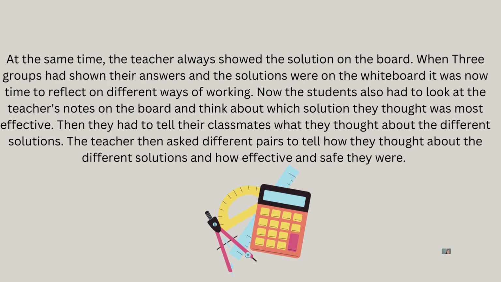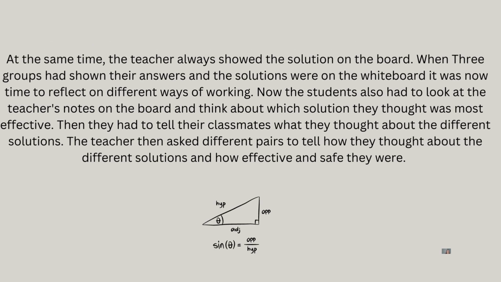When three groups had shown their answers and their solutions on the whiteboard, it was now time for reflection and to differentiate their work in different ways. Now the students also had to look at the teacher's notes on the board and think about which solution they thought was most effective.